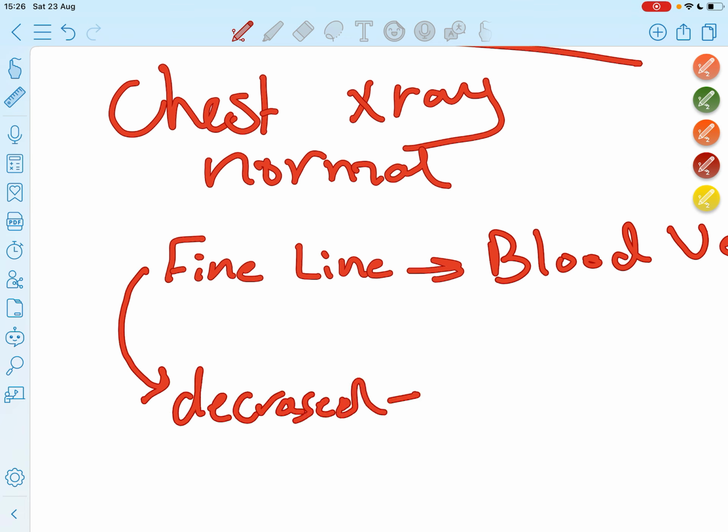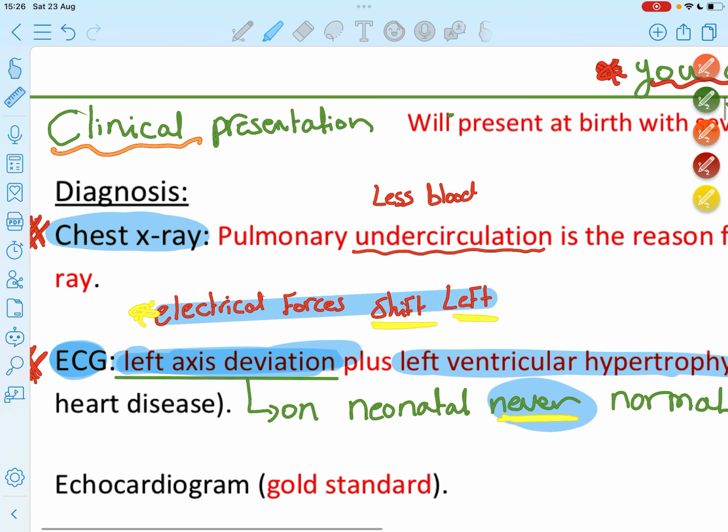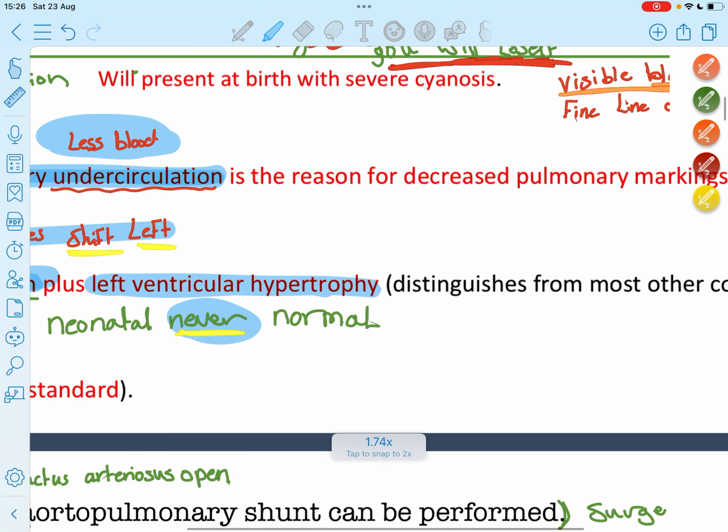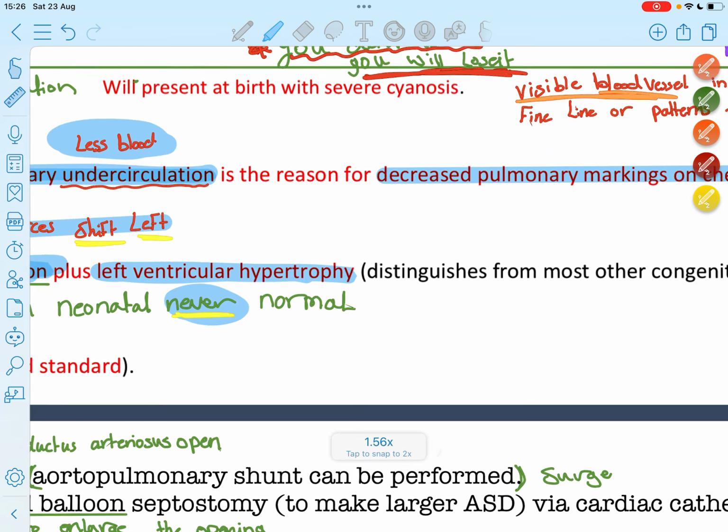Why? Because not enough blood goes to the lungs. So in chest X-ray, we will see pulmonary undercirculation, which is the reason for decreased pulmonary markings in chest X-ray.